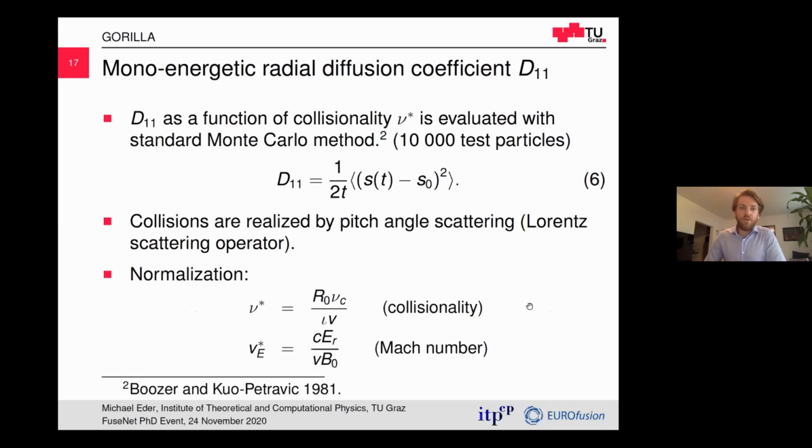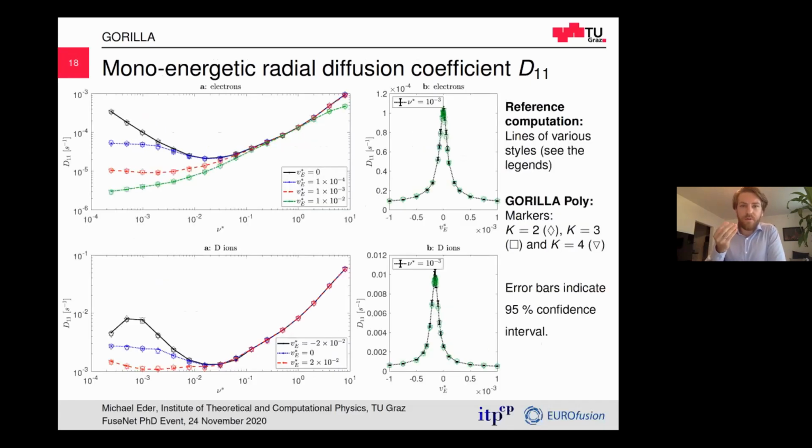But what I want to show you is the results in comparison with an exact orbit integrator. Now on this picture, every line was obtained by exact orbit integration, and all markers were done with Gorilla. And you can see in all of these four pictures, the markers lie on the lines if you scan through collisionality or the electric field, or if you use electrons or ions. That means we get physically correct results.